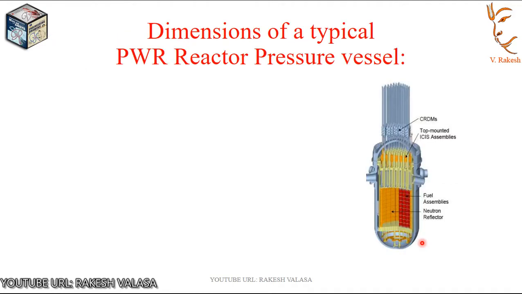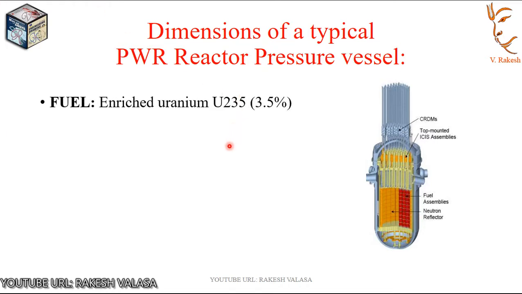Now let us see the dimensions of a typical pressurized water reactor pressure vessel. In this, generally used fuel is enriched uranium. Enriched uranium means it consists of 3.5% of uranium 235.